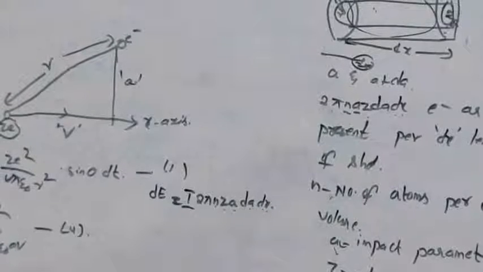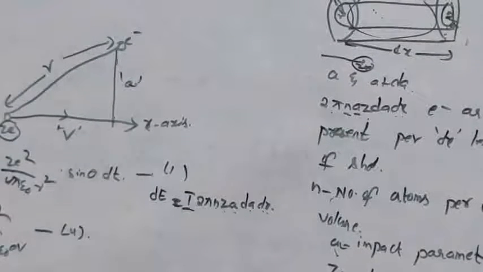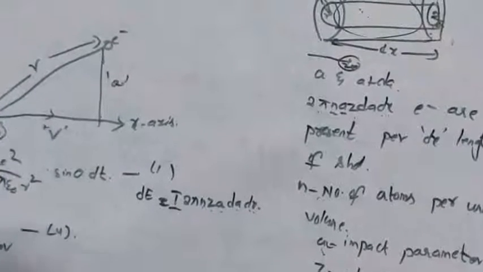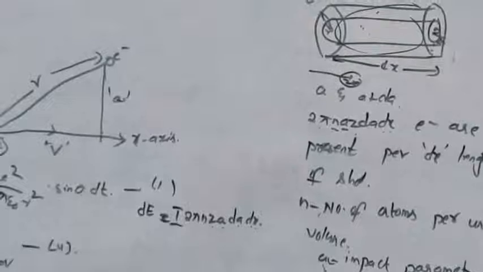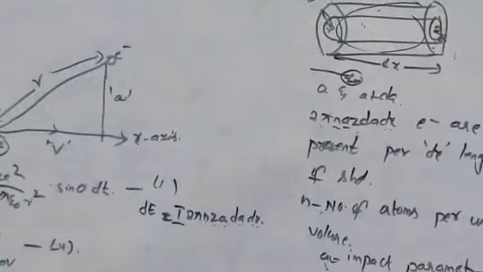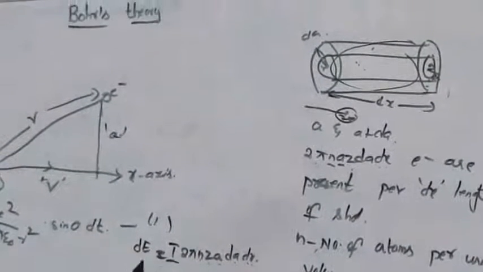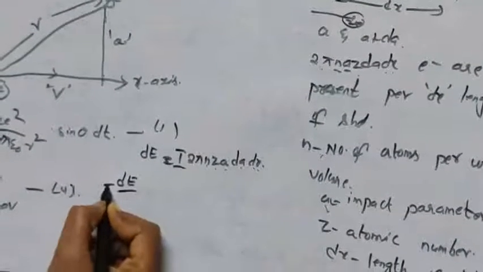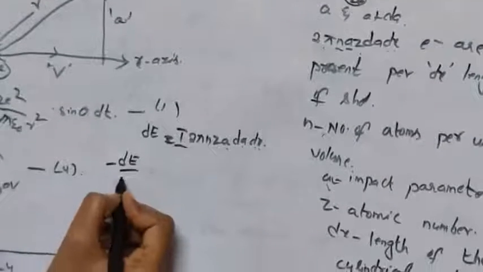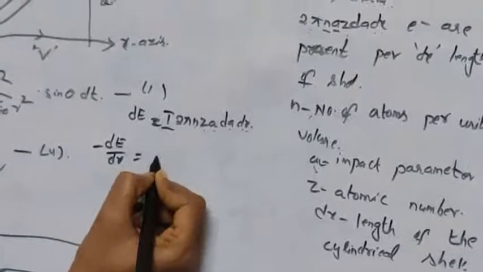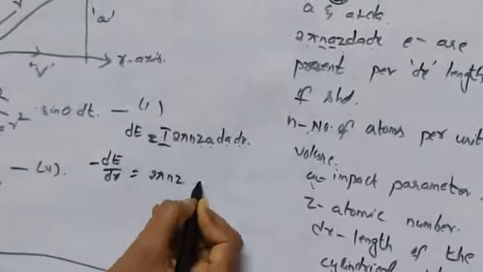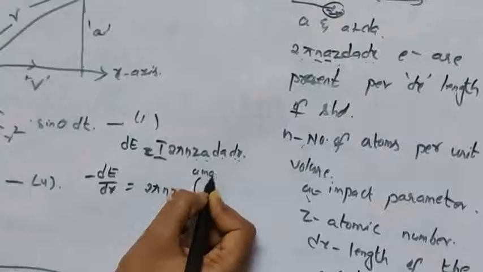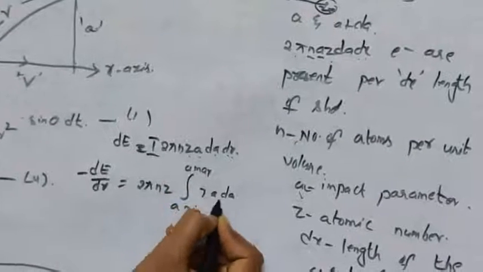Now the energy lost per unit path length is given by the following. While transferring energy, the particle will lose energy. So the energy loss per unit path length of the particle is given by, as I am saying that energy is being lost, so I represent it with minus dE by dx is equal to 2 pi N Z integral from A minimum to A maximum of T A dA.